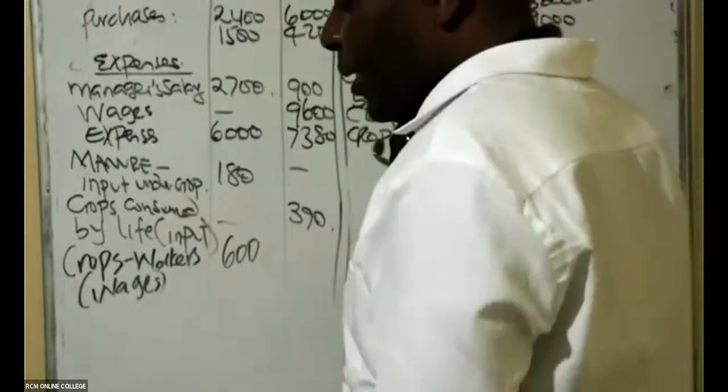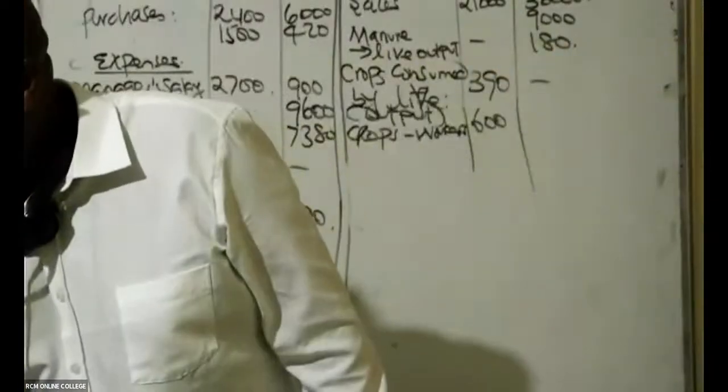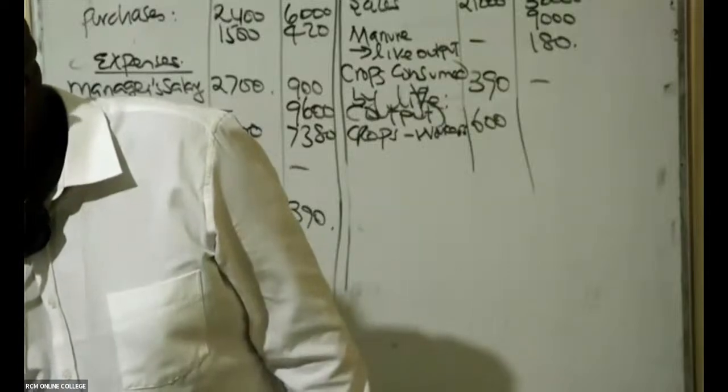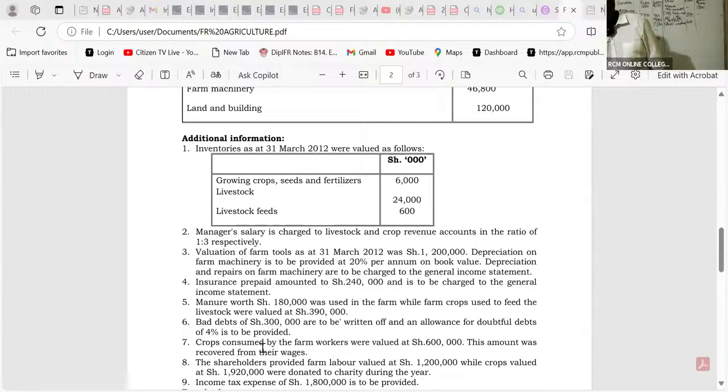So we are told, ladies and gentlemen, that crops consumed by the farm workers were valued at 600. This amount was recovered from their wages. So it's an expense.